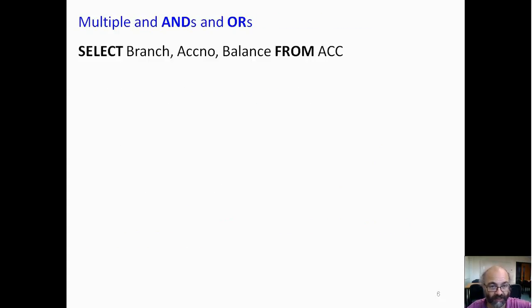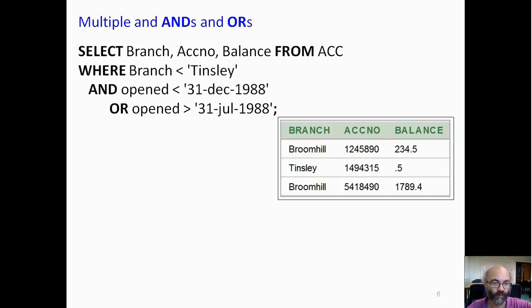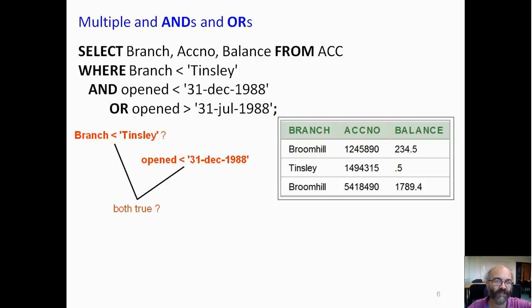Some combinations are confusing. This query uses two operators. The comparisons will combine like this. It checks if the branch is before Tinsley and if the account was opened before the 31st of December 88. It checks if both of these are true, or alternatively, if the account was opened after the 31st of July 1988.